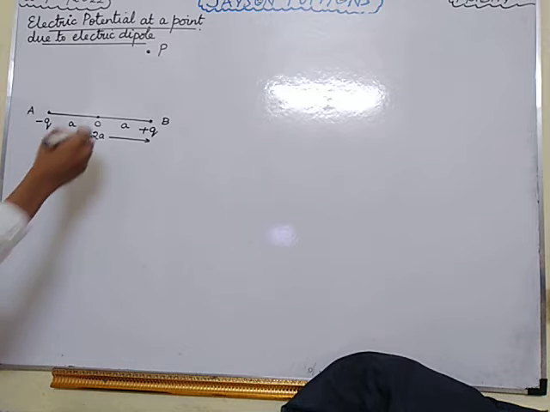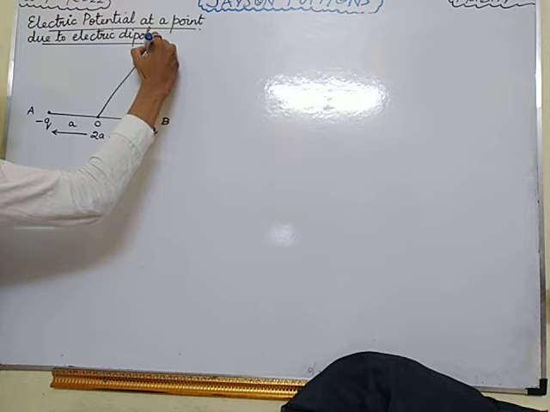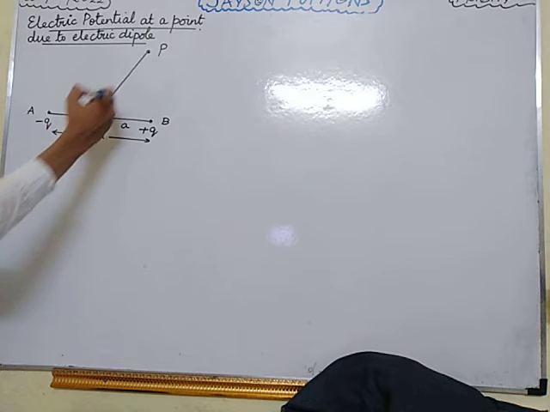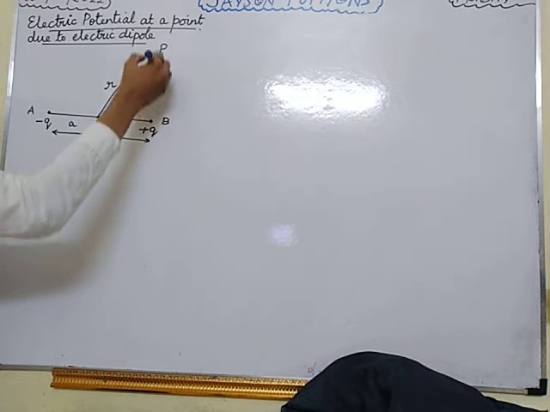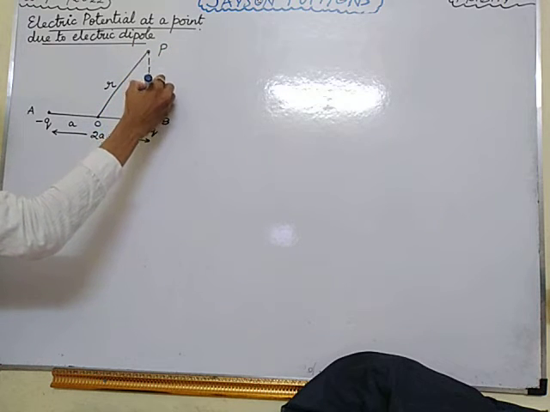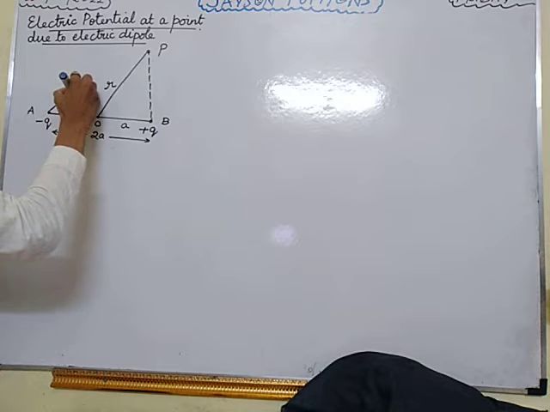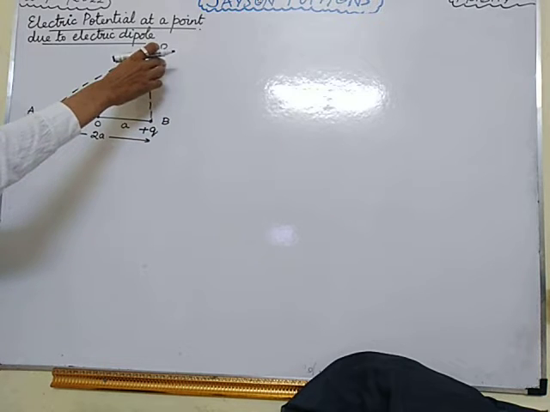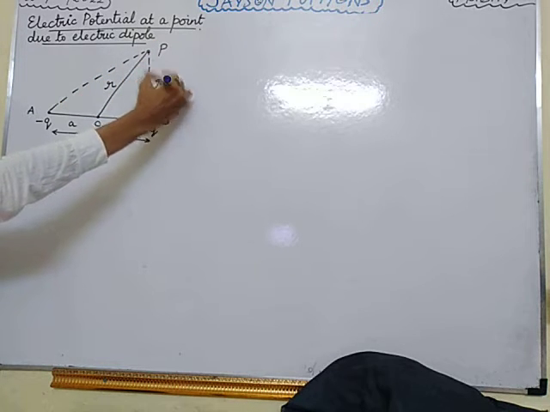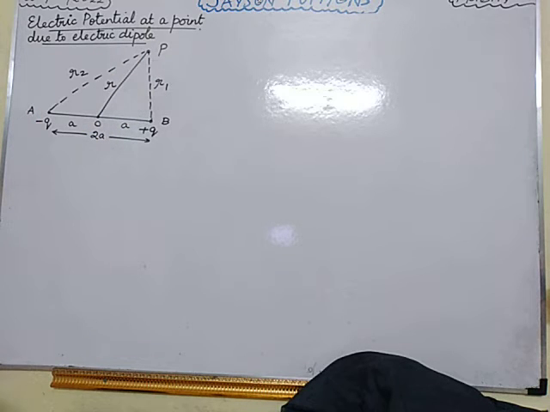First we connect O and P. The distance between O and P is considered as small r. Then we connect B and P, and A and P. The distance between B and P I am taking as R1, and the distance between A and P as R2.